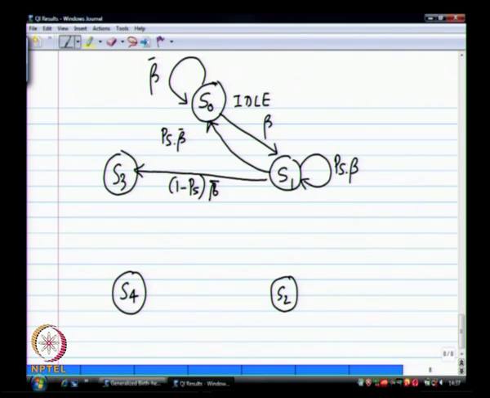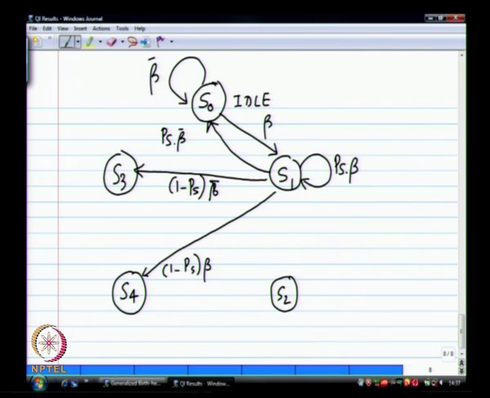And I have one more transition. It is possible that I tried to send, it failed, and another packet also came. So that is the set of transitions. Then S2 is kind of stuck.